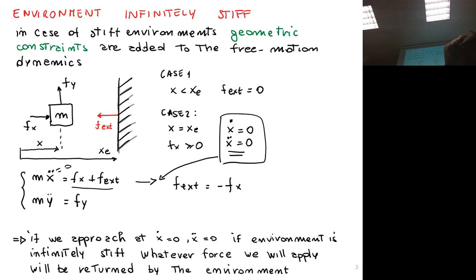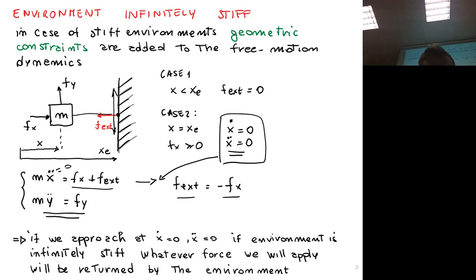Let's assume there is no friction at the contact, so whenever this is in contact, it can freely move in the other direction following the other equation. So you can freely slide along the contact if you don't have friction. So the external force coming from the environment will be opposite to the commanded force from the robot.